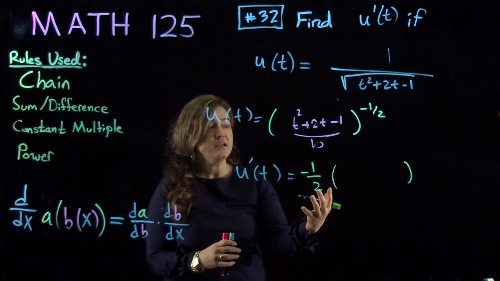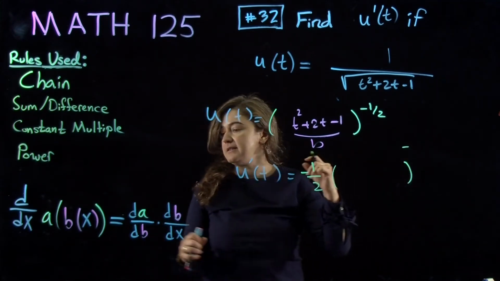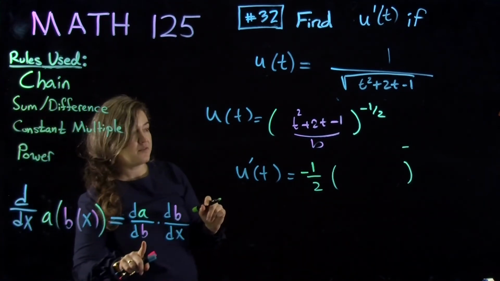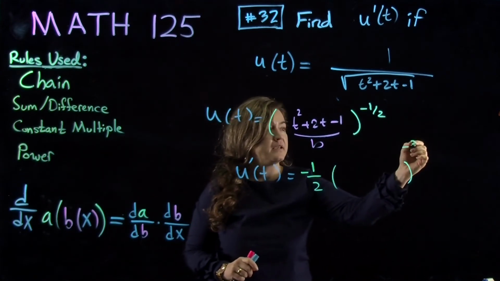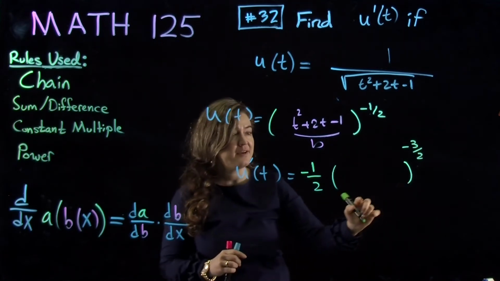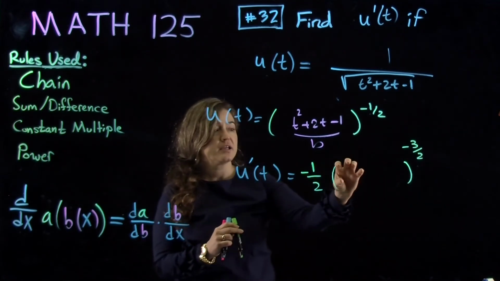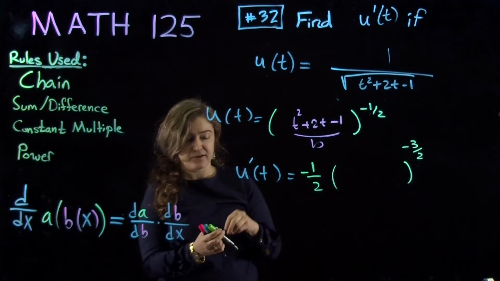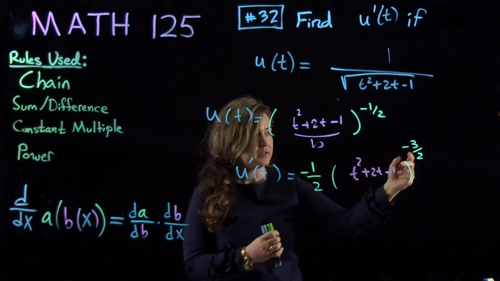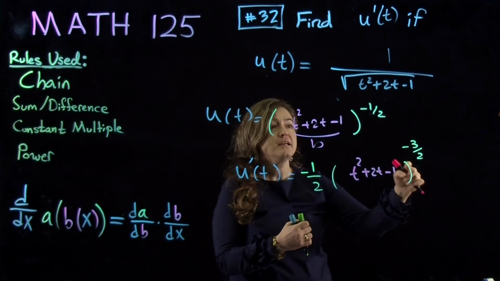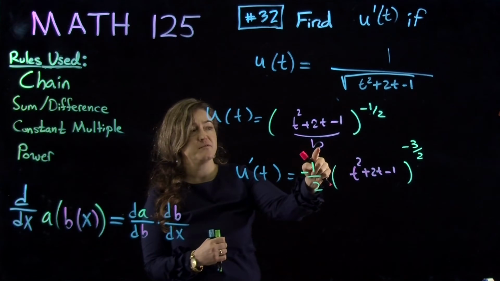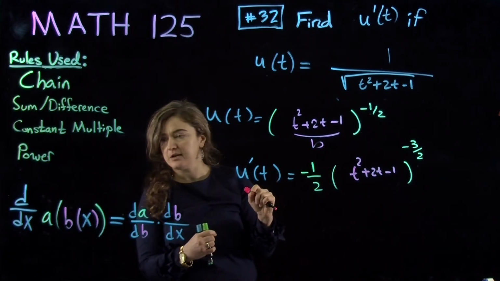This entire thing to power 1 less, this is dA over dB, that's the derivative of A with respect to B. Negative 1/2 minus 1 is negative 3/2, and the inside function b is unchanged, and then multiply by the derivative of the inside. The derivative of the inside is the derivative of b with respect to t.